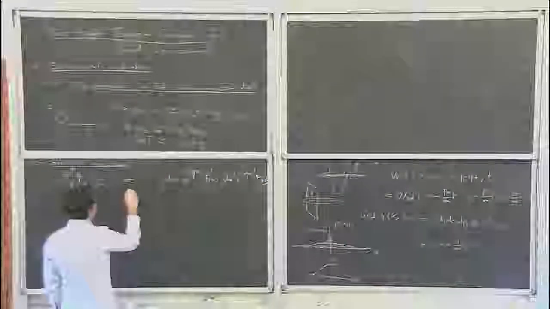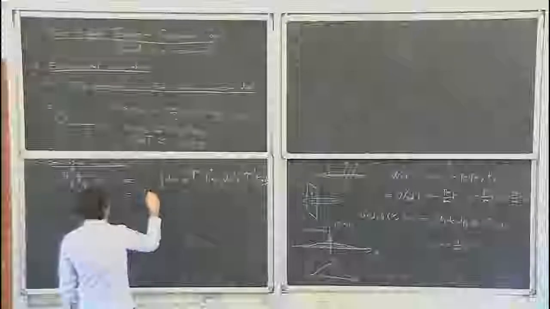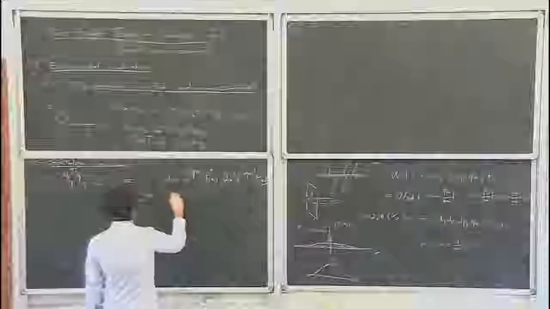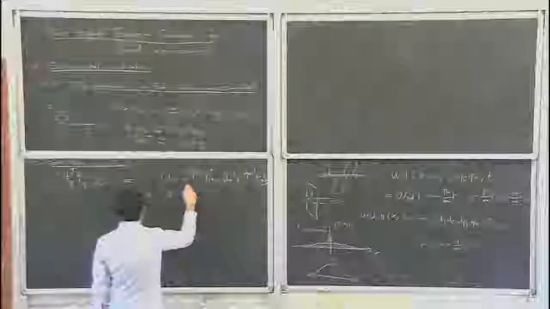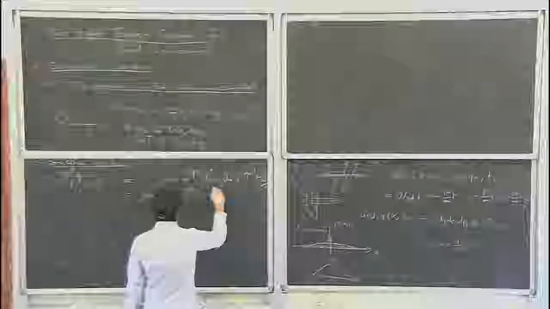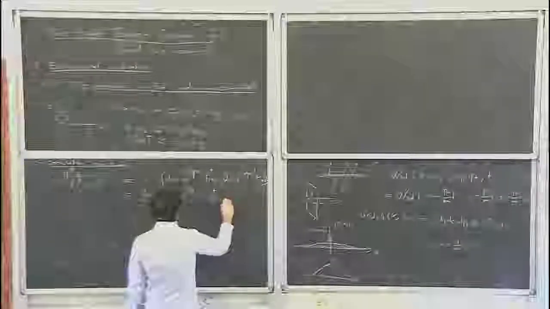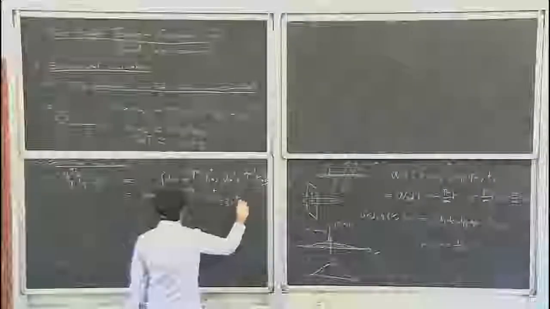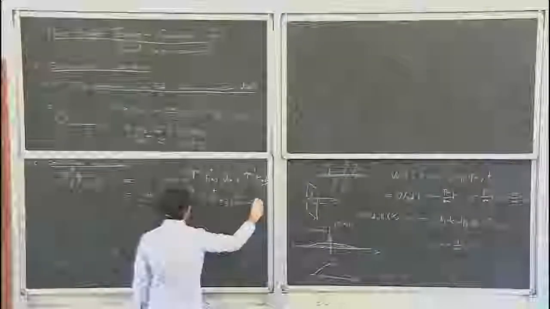And I can rewrite this as the integral over x of the integral over y of e to the i q y, psi dagger of x plus y over 2, psi of x minus y over 2.